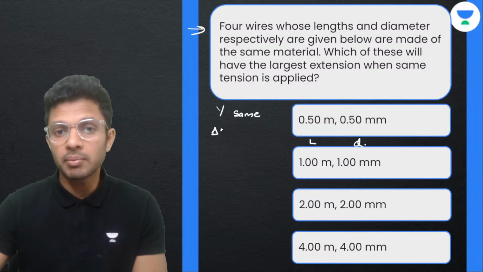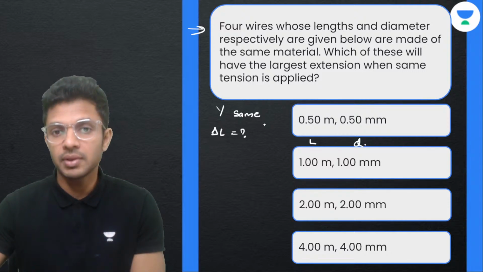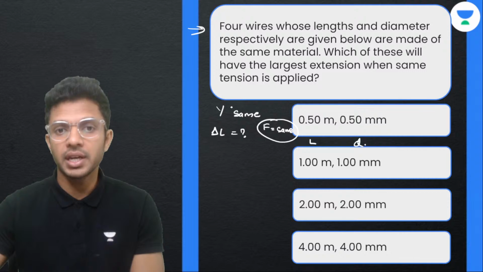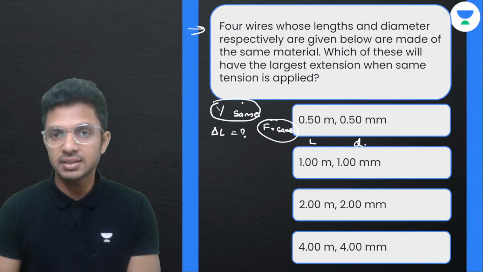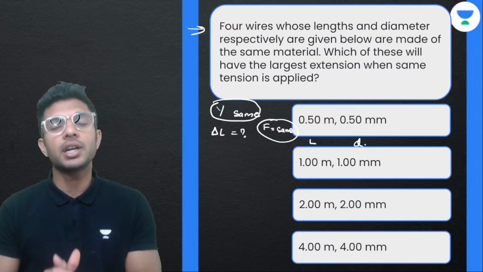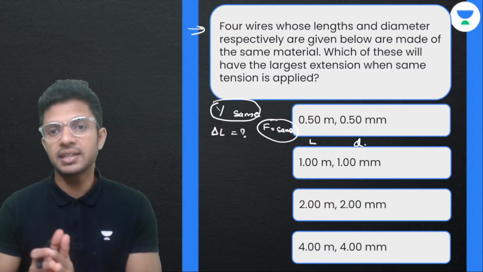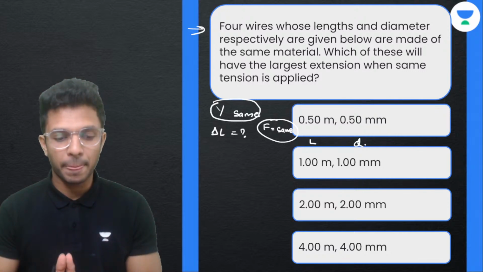We are asked to compare the delta L value when the same tension, that is, the same applied force, and the same Young's modulus of elasticity, so which one, according to length and diameter, will have the maximum extension? That's the question.